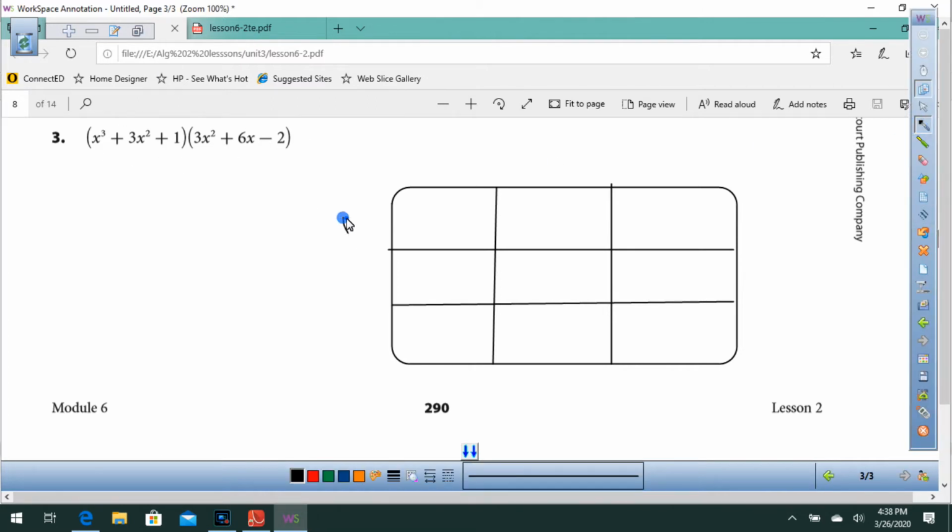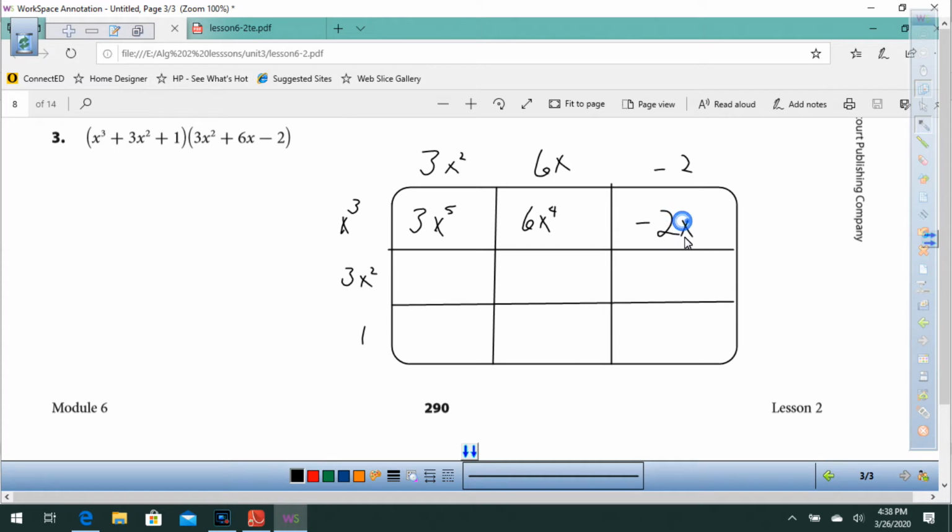We got x cubed, 3x squared, 1, 3x squared, 6x, and negative 2. X cubed times 3x squared, that's 3x to the 5th, because 3 plus 2 is 5. X cubed times 6x, that's going to be 6x to the 4th, and 3 plus 1 is 4. X cubed times negative 2 is negative 2x cubed.